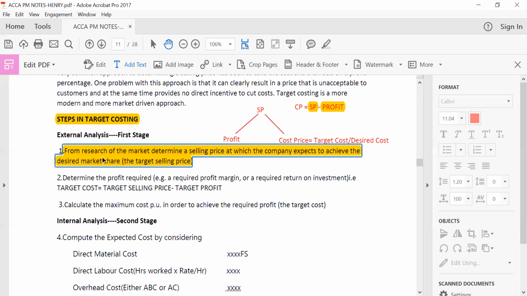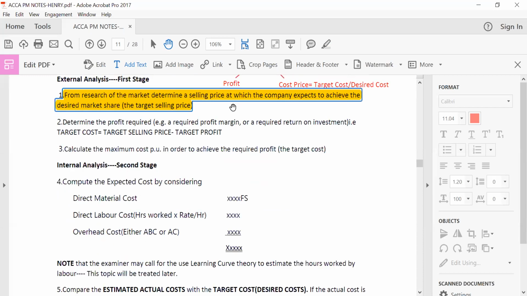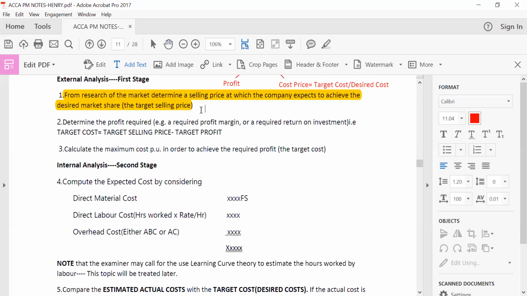So step 1 says, from research of the market, determine a selling price at which the company expects to achieve the desired market share. That is the target selling price. So step 1 says that you just have to get the selling price from the markets.